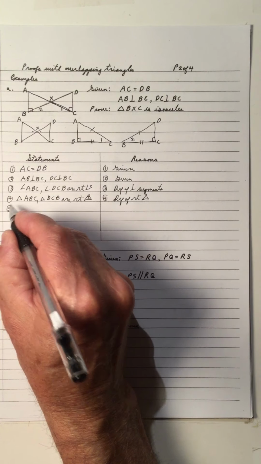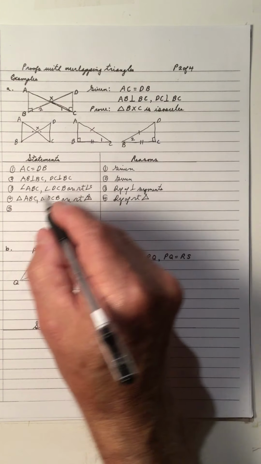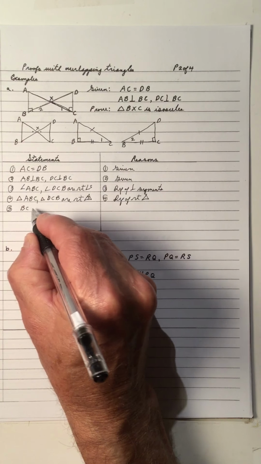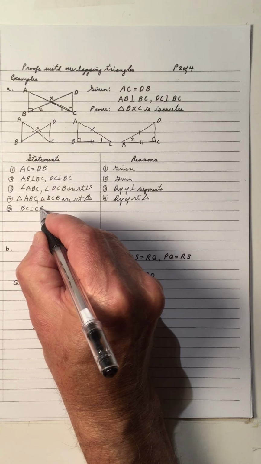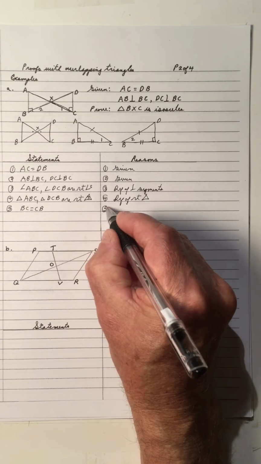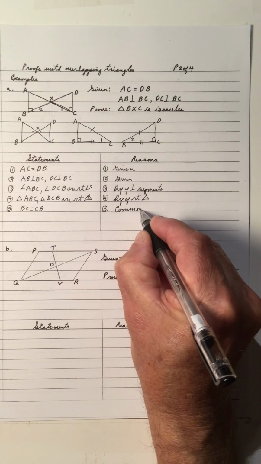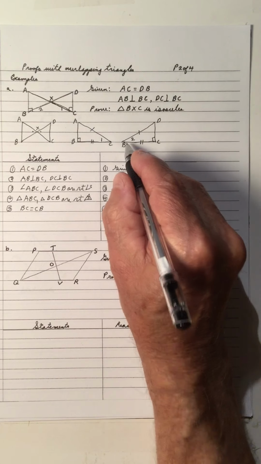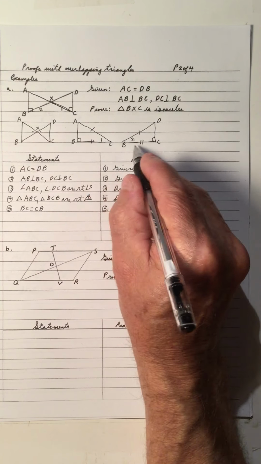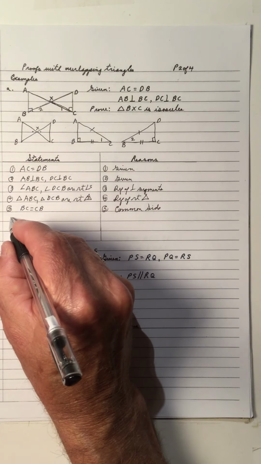Now, I already have these two sides equal, so I have BC is equal to CB, common side. BC is in both triangles, here and here. That's a common side.